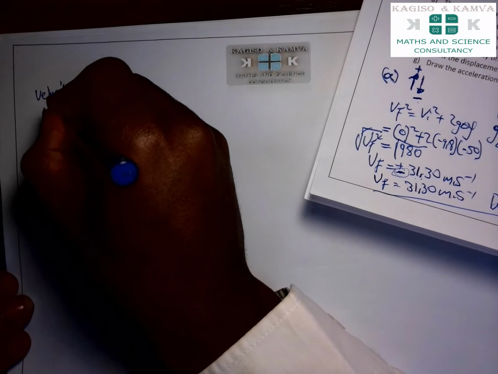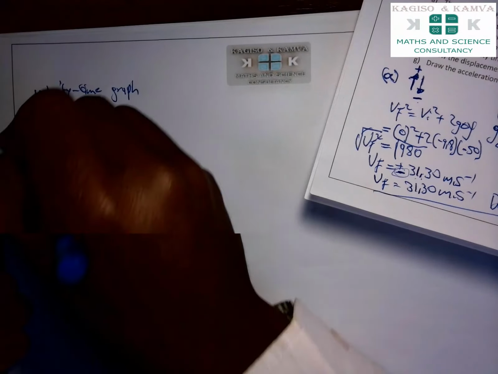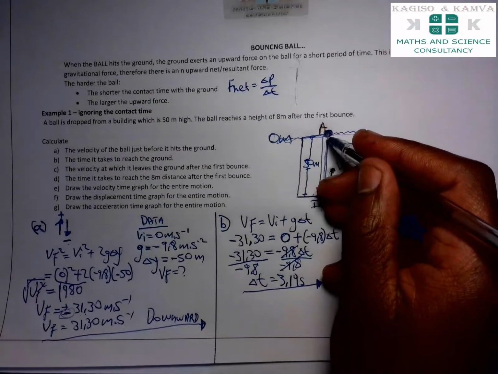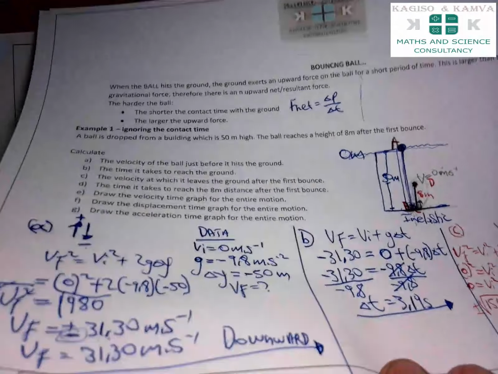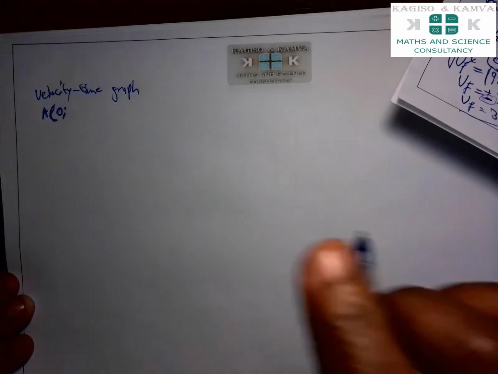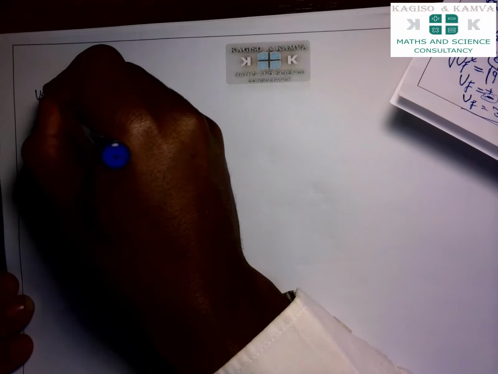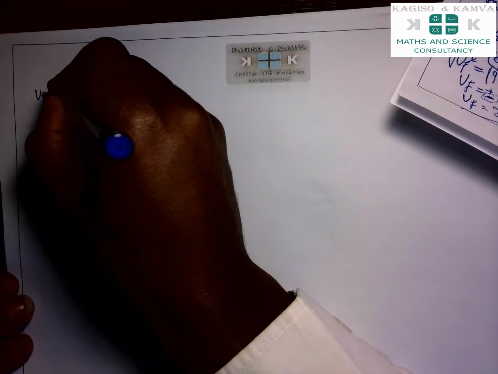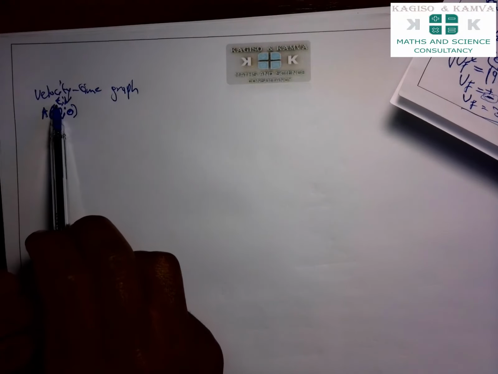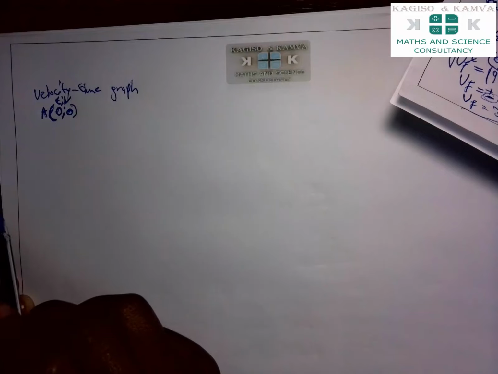The initial time was 0. What is the velocity here at A when the ball is dropped? The velocity there is also 0. This is time against velocity. Time is independent and velocity is dependent.